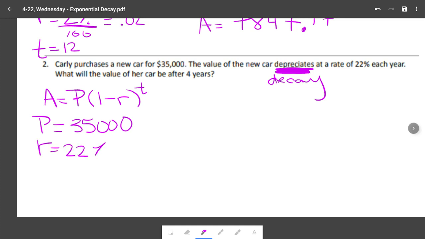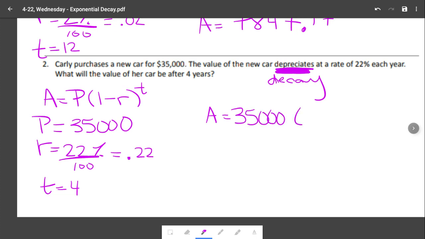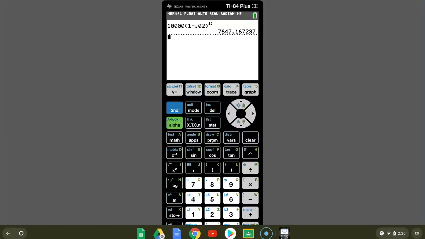R, 22%, divided by 100, we get 0.22, and T is 4. So we are going to plug in everything into our decay formula and then plug it straight into our calculator.